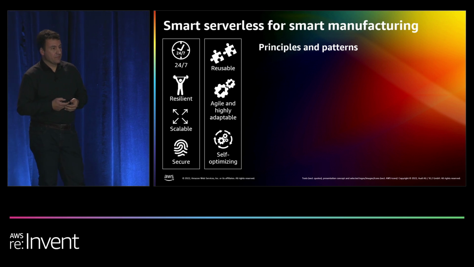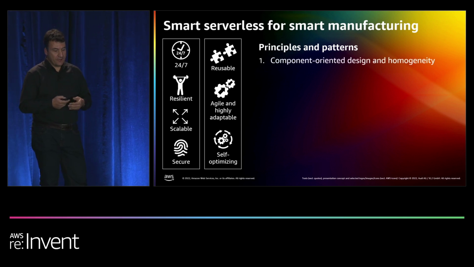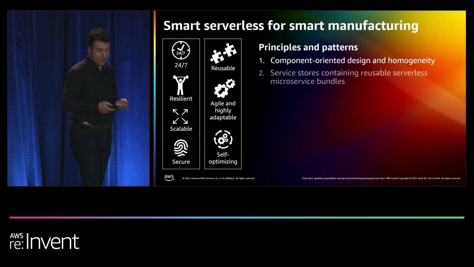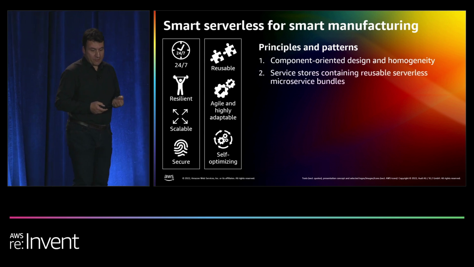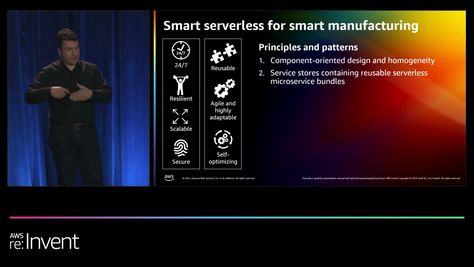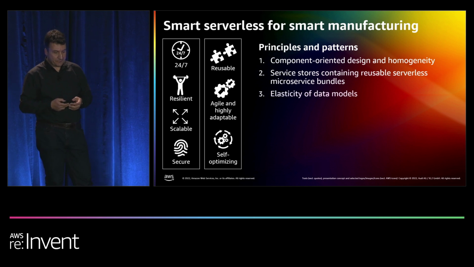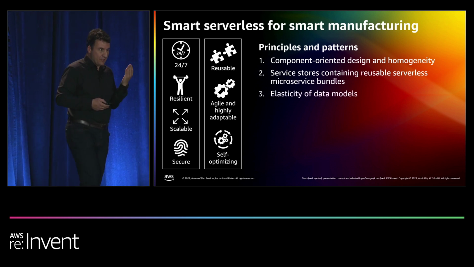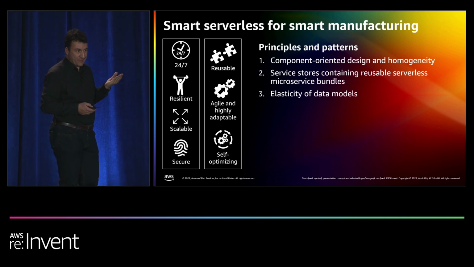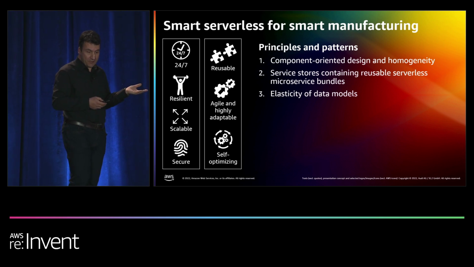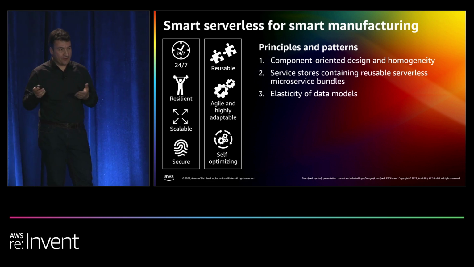And we came to the principles and patterns: use component-oriented design and homogeneity to allow reusability and maintainability of the application; provide service stores so that you can also provide those reusable services to other projects and other parts of your company; leverage the idea of elasticity also for data models to achieve high adaptability, for example for your UI.